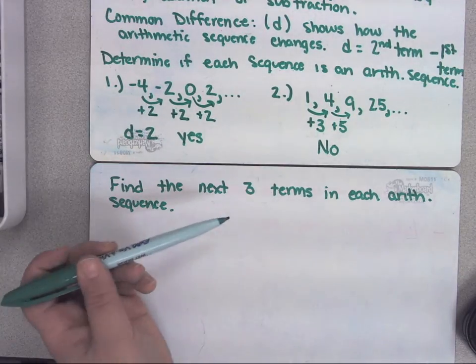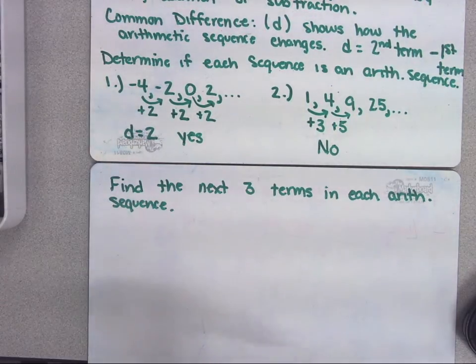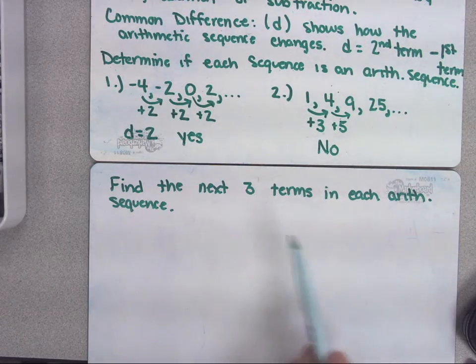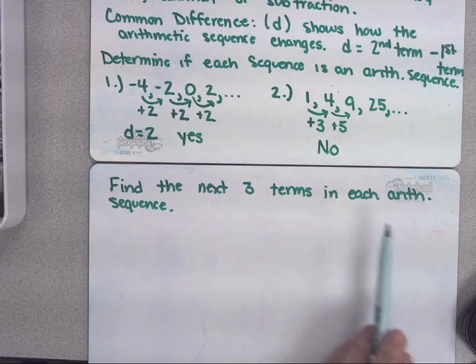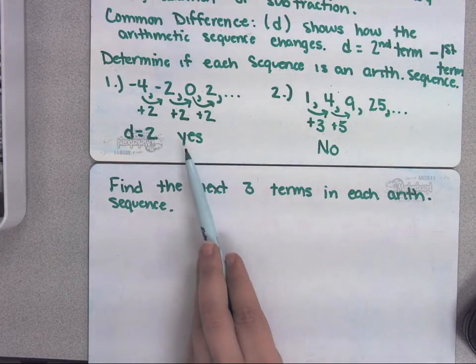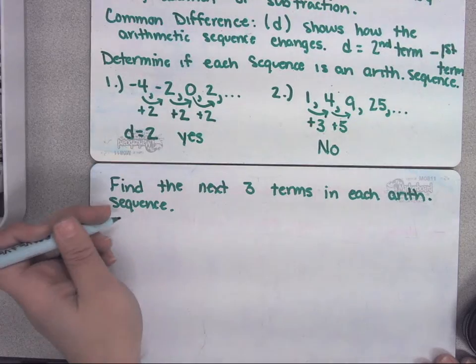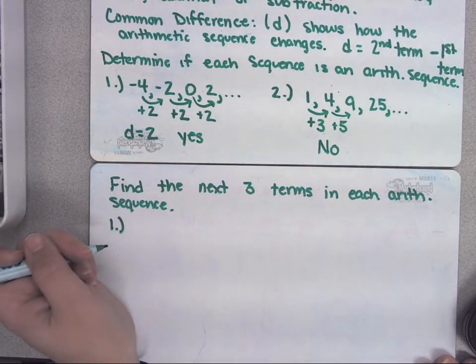So it says we want to find the next three numbers after the list they gave us. And it says in each arithmetic sequence. That means it's already telling us that all the answers are yes. It already works. We don't have to check them. So I'm going to give you a sequence.